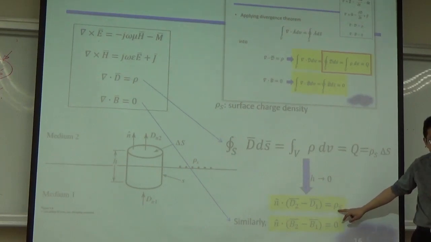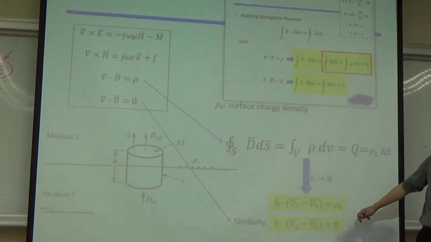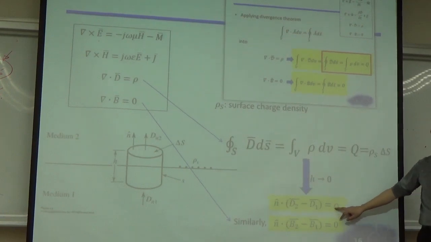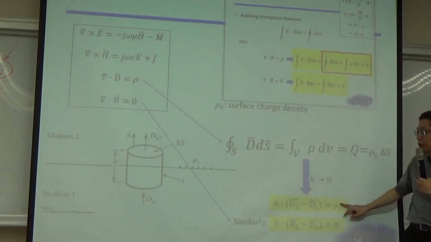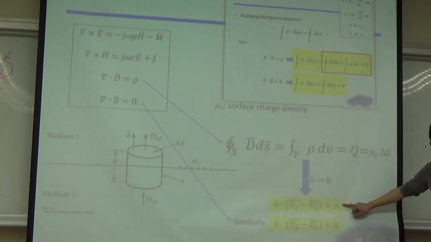The equation of rho S is Q divided by area. Yes, you already got an extra point. It's okay. So what is rho S? The definition, the meaning of rho S is surface charge density. Yes, the area is correct.